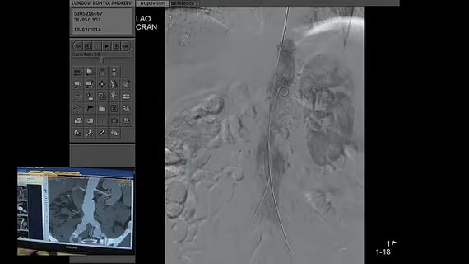Ivo, this is Patrice Bergeron. Let us know what you decided for the two hypogastric arteries. What is your plan? On a first intention, we decided not to cover both hypogastrics.